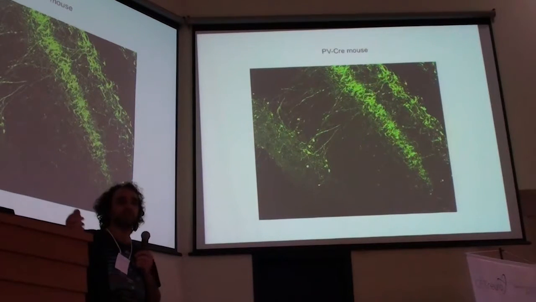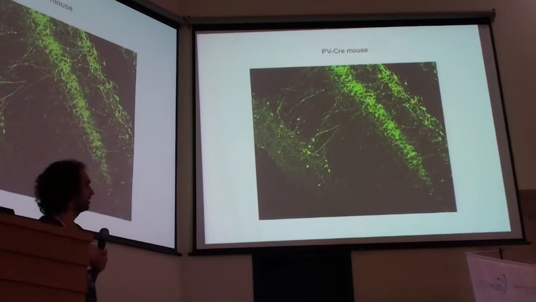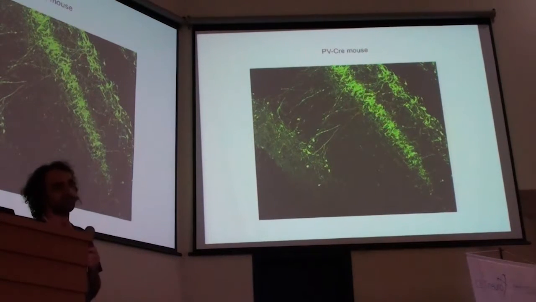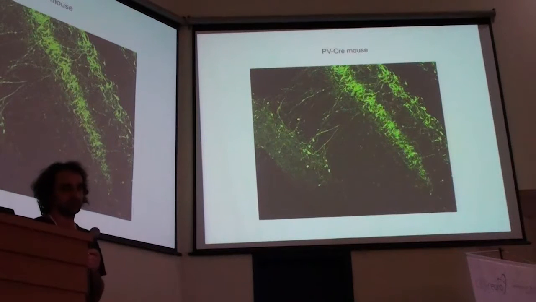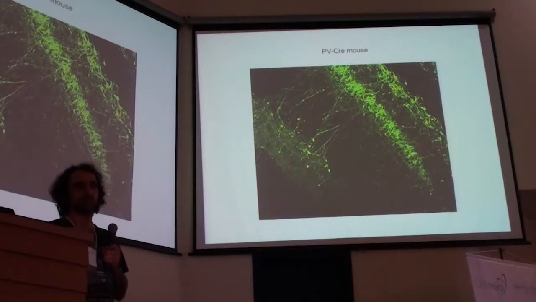So possibly the parvalbumin Cre mouse that everybody uses is not the best if you want to just separate the role of fast spiking interneurons. Because you get interneurons everywhere, dendritic inhibiting and somatic inhibiting, so you actually just inhibit the whole cell.